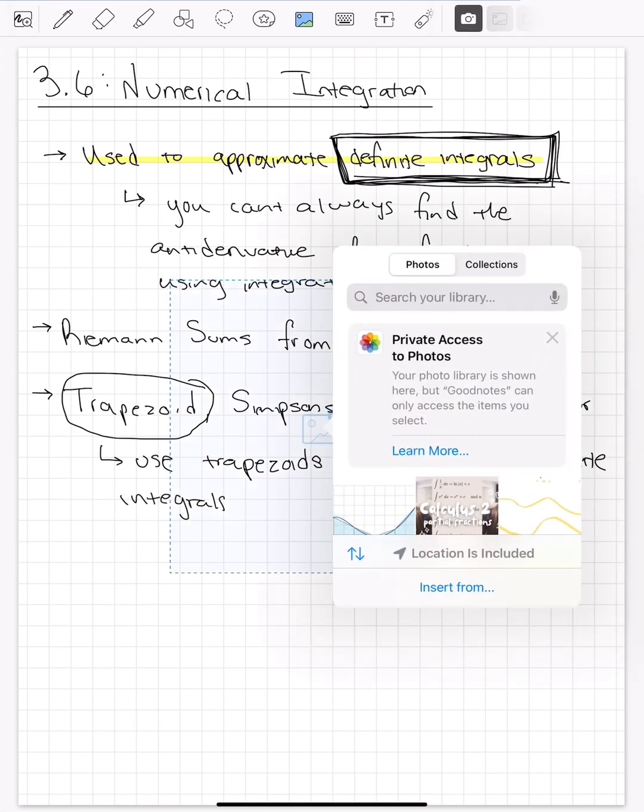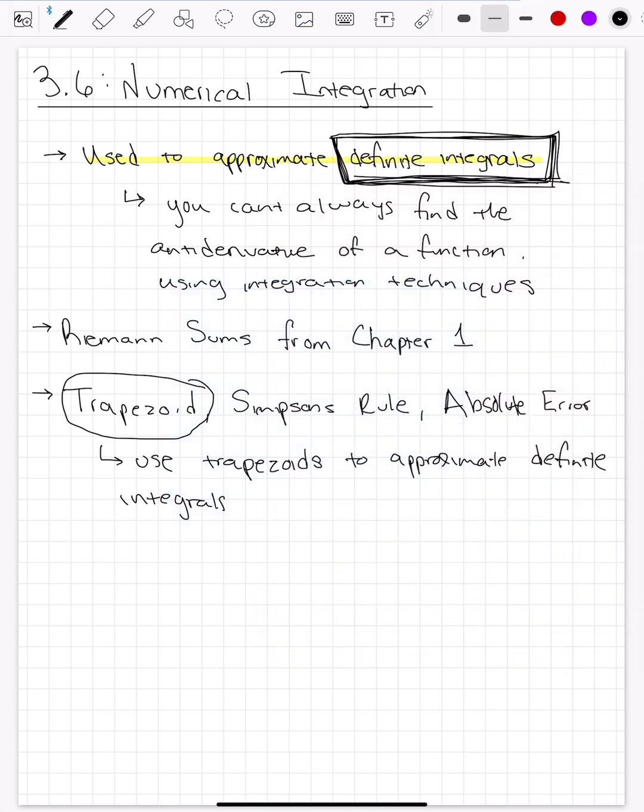Before we go there, let's just recall what a trapezoid is. A trapezoid looks something like this or something like this.